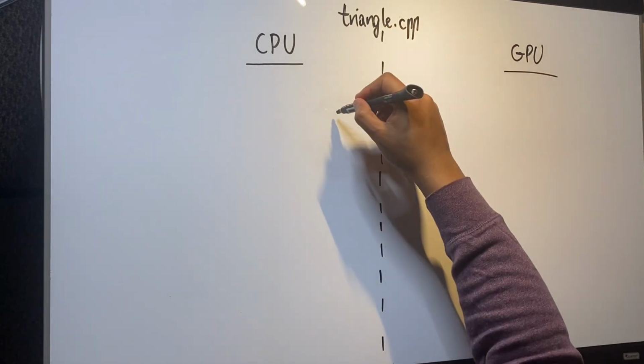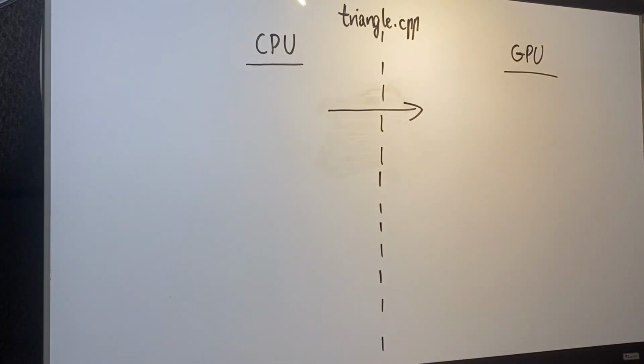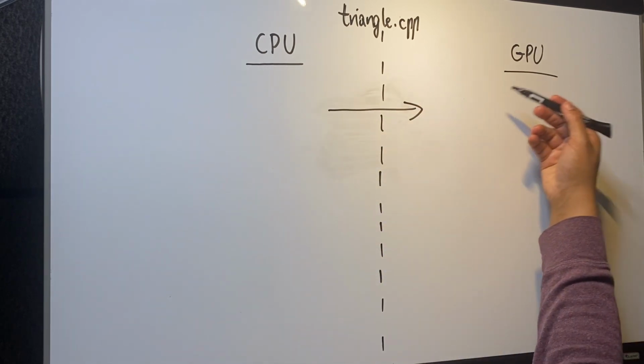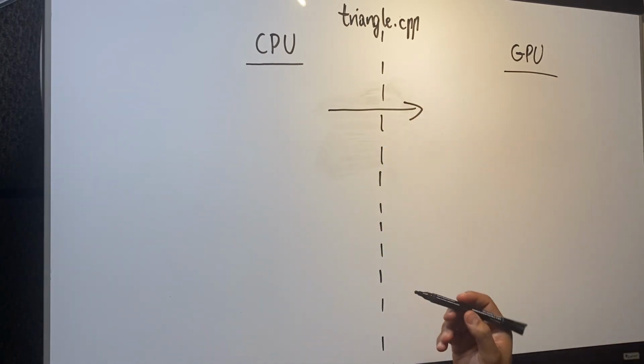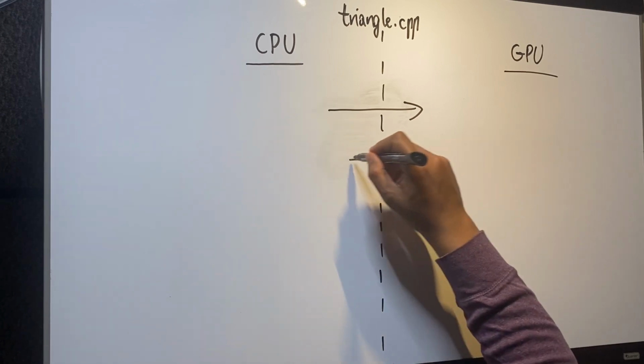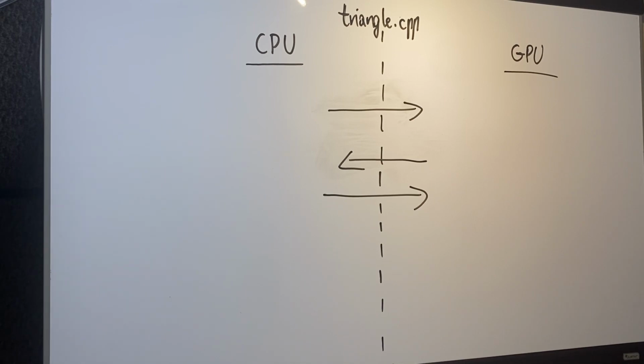A fence is, I submit a draw call to the GPU, and then I wait for the GPU to respond to say that it's completed before I submit another draw call. You see what I'm saying?